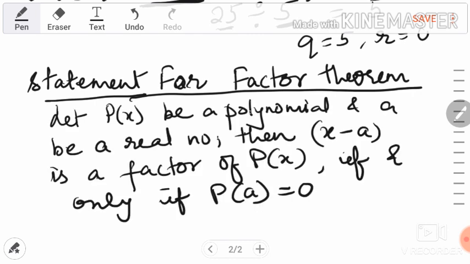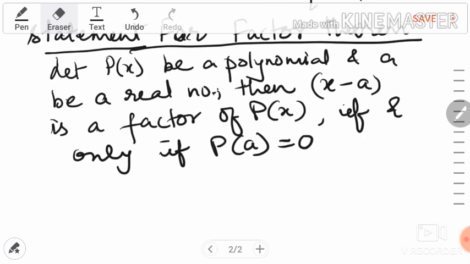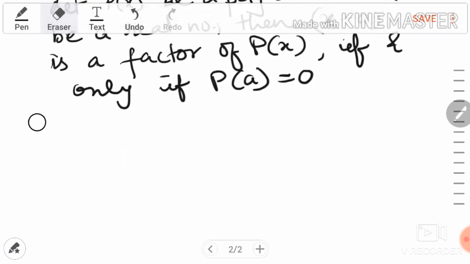Let p of x be a polynomial and a be a real number. Then x minus a will be a factor of p of x if and only if p of a is equal to 0, which means the remainder, p of a, is equal to 0. There are two things that we can imply from here.